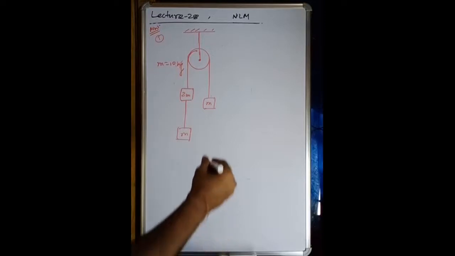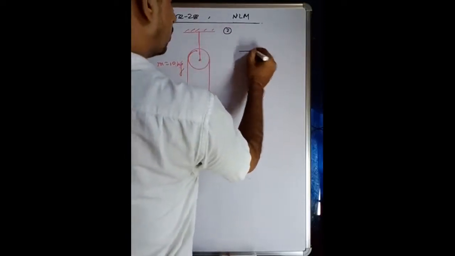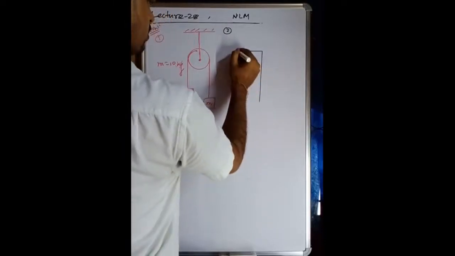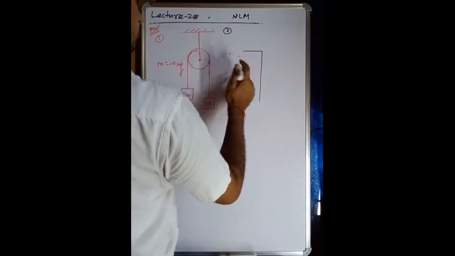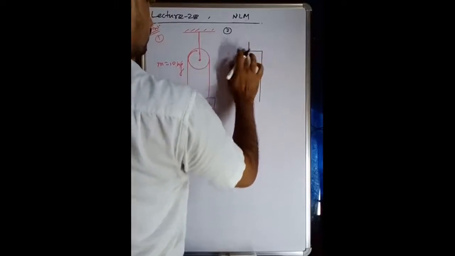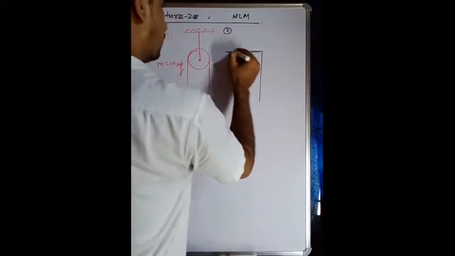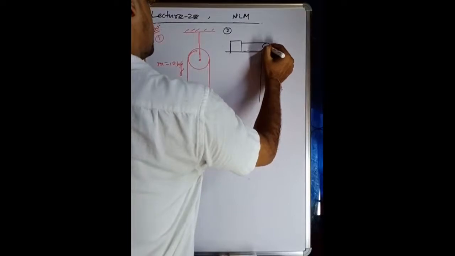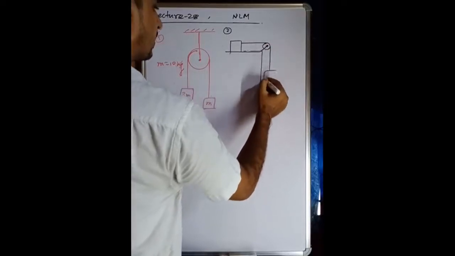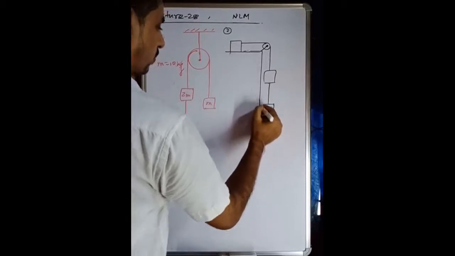Okay, the second question. Using the shortcut method, could you write the equation for this one also?